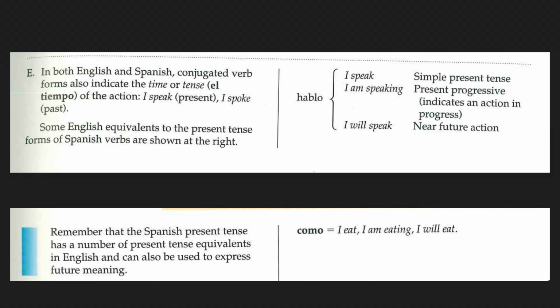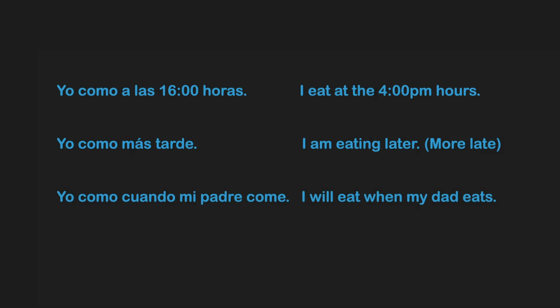So I'm going to show you a few examples as to how this works, and then we can move on from this, okay? Alright, so here I put I eat at the 4 p.m. hours. Notice I'm literally translating it. It does say that I eat at the 4 p.m. hours in Spanish. And then it says I eat more late. Or what you're actually saying is, I am eating later.